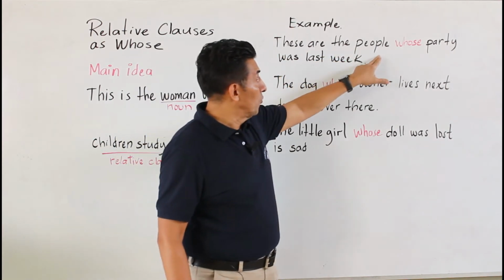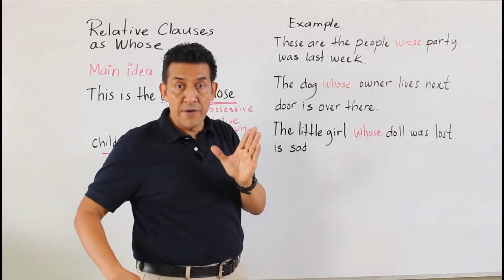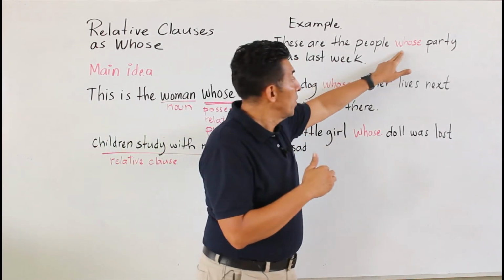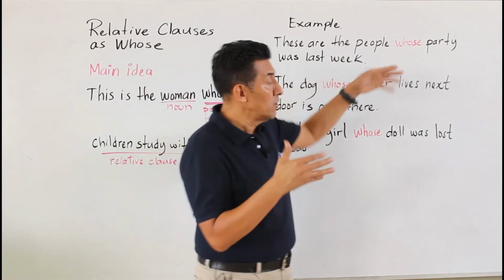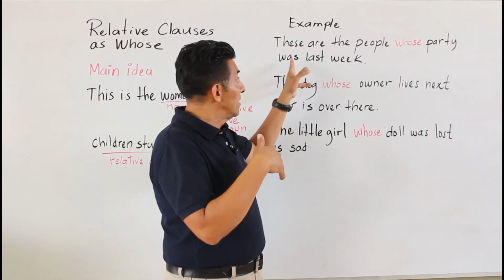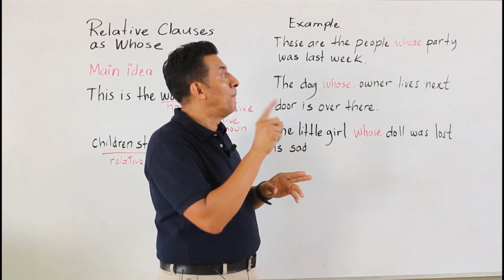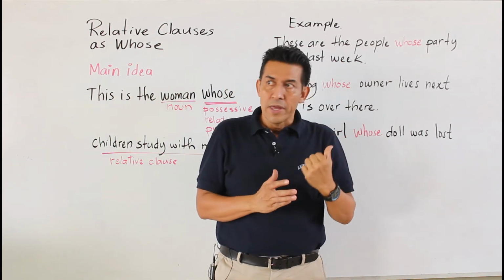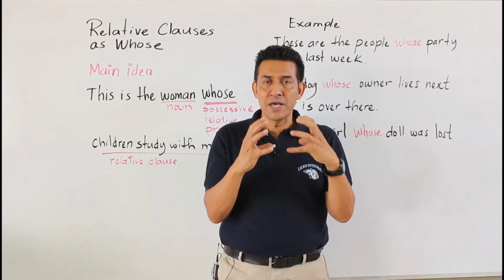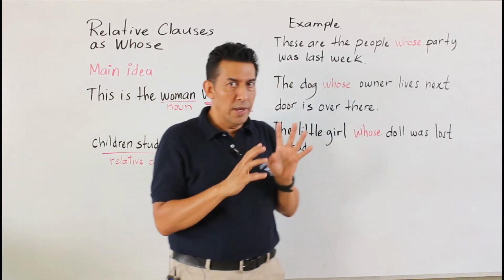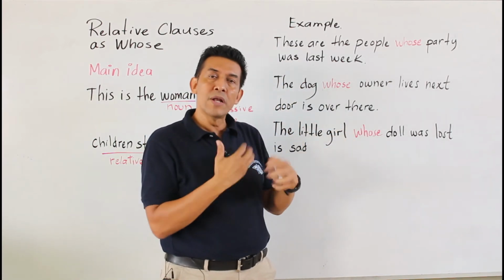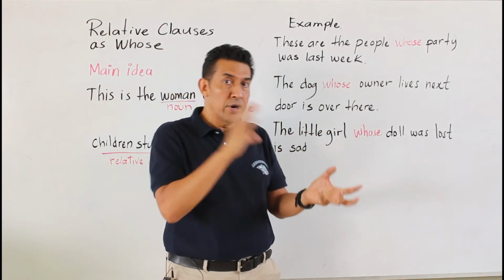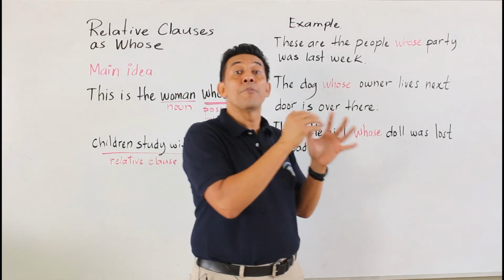Let's read three more examples. These are the people. So we are focused on people. Okay, there are people, and then we use the possessive relative pronoun to connect again. These are the people whose party was last week. So these people had a party last week. Just pretend we see these people in some place. So we want to talk about these people in order to connect where we've seen these people before.